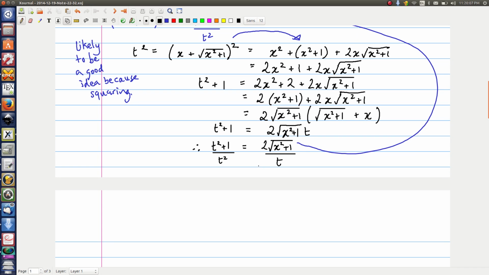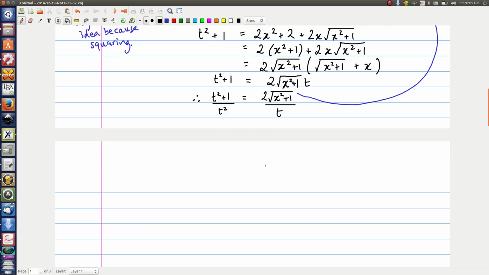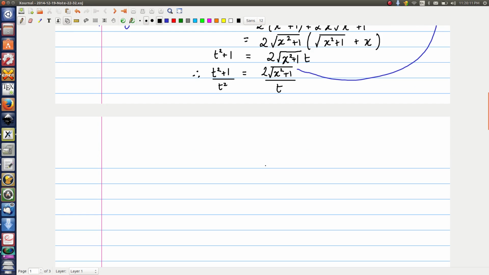And now we can see that if we flip it over and move the 2 to the other side, we get exactly what we want.